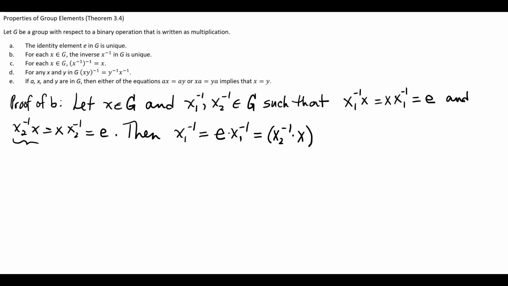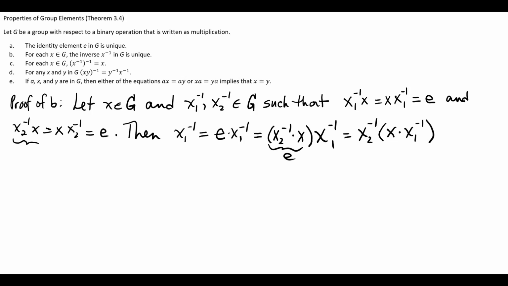So I know that that's equal to e times x1 inverse. Well, because this is a group, I know that the elements in a group are associative. So I can regroup this as x2 inverse times x times x1 inverse.